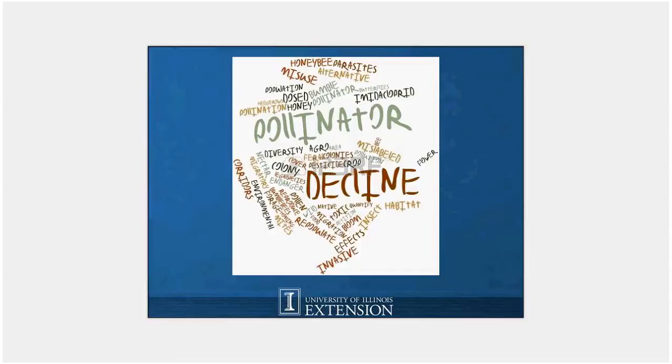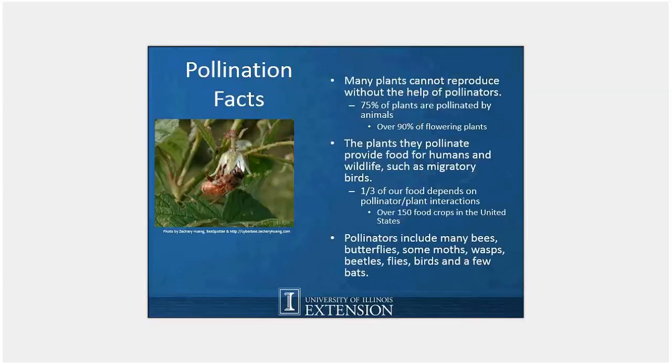So why should we even be concerned about pollination? Many of the plants that we grow cannot reproduce without the help of pollinators. About 75% of all plants are pollinated by animals, and over 90% of flowering plants, or angiosperms, are pollinated by animals.